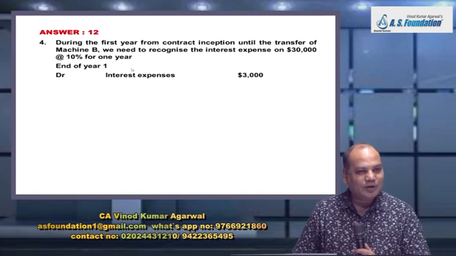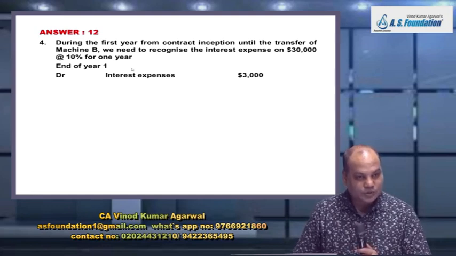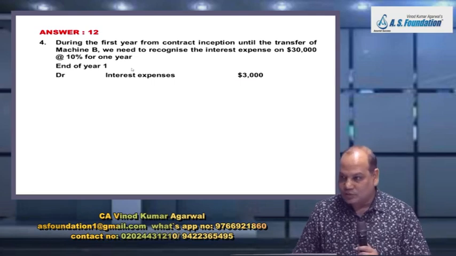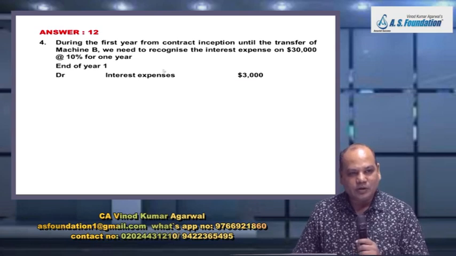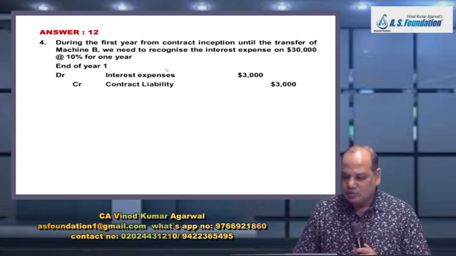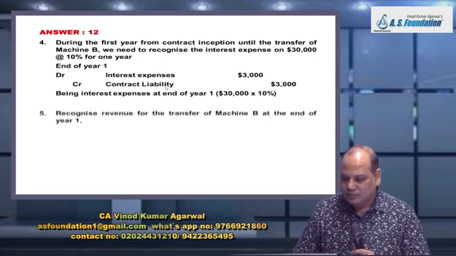Up to 1 year, we may not recognize the interest. But if they have given you the interest rate, it means they expect that the student should take interest for 1 year. Otherwise, for a small amount or small period, interest can be ignored. So interest expense to contract liability 3,000.